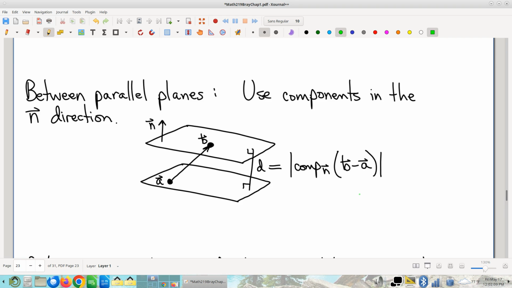Here's a tricky one. Suppose I have parallel planes. Now, when am I going to find parallel planes? Parallel planes will have the same normal vector, right? Or at least their normal vectors will be parallel, whatever.